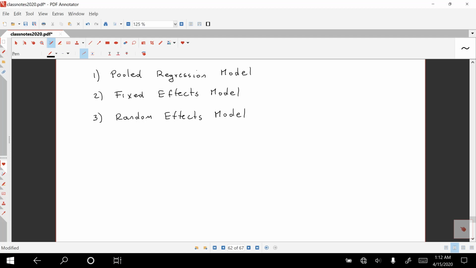A key element of analysis with panel data is the identification of the model structure. There are going to be two components here: the identification of the panel data model, the structure, and the other one is going to be estimation.